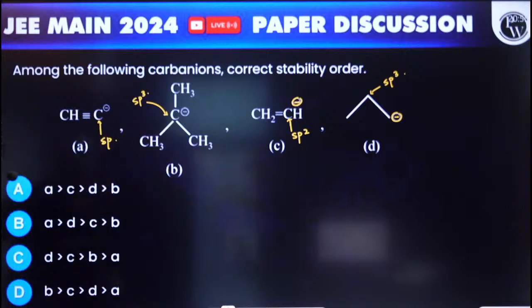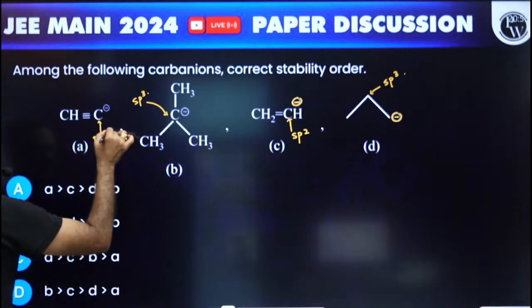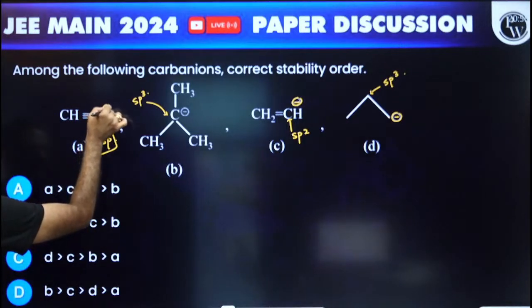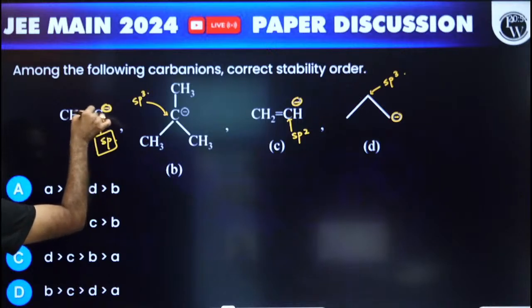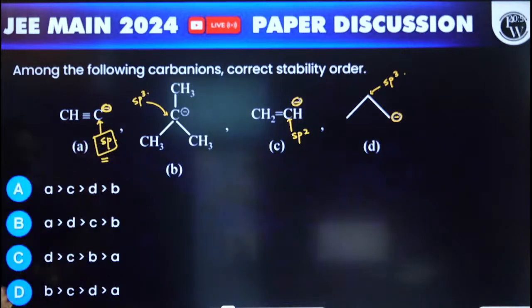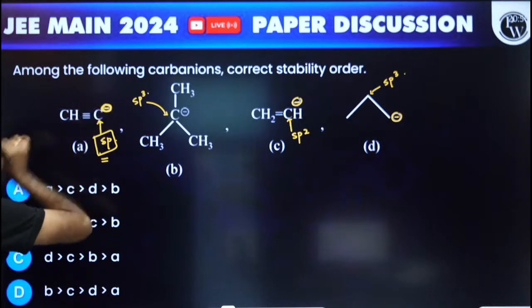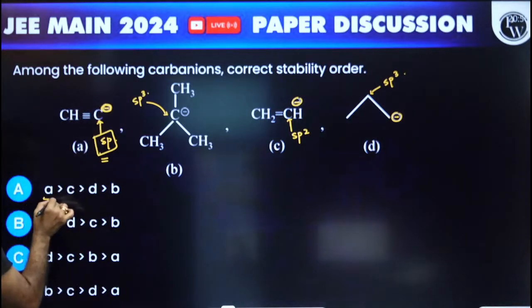Got it? So the sp hybridized carbon is the most electronegative. Since it is the most electronegative, it can hold more electron density, so it will be stable with the negative charge. Is that clear? So A is the most stable.